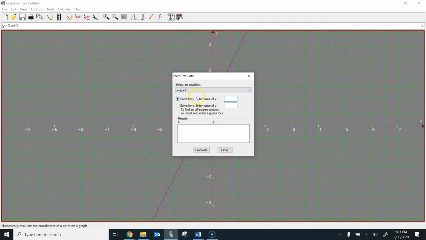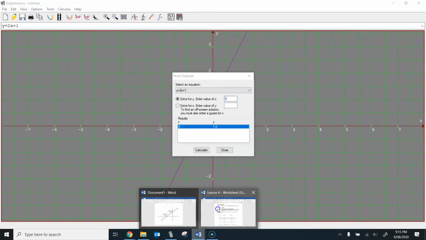The top one, solve for y, enter value of x, is to find the y-intercept. So remember, when you have the y-intercept, the x value will be 0. So to find the y-intercept, you always type 0 in the top box, and it will tell you what the y value is when x equals 0, and it is (0, 1).